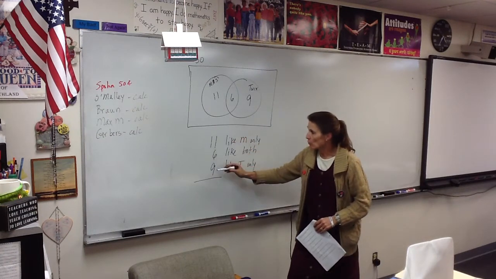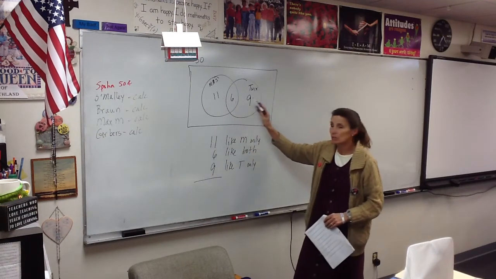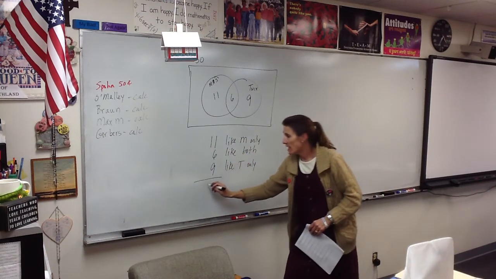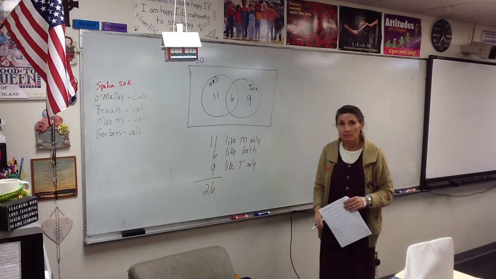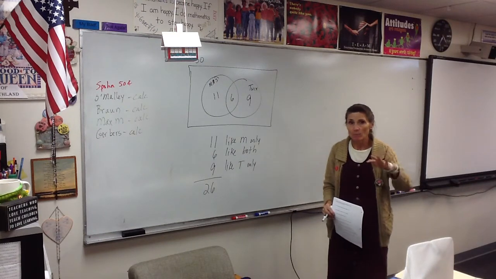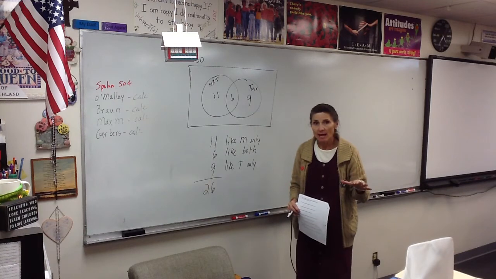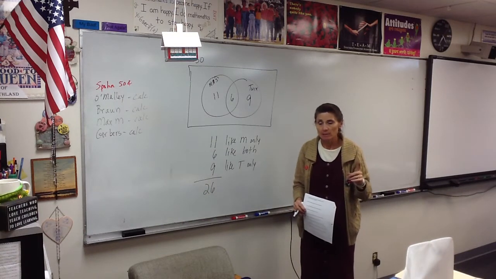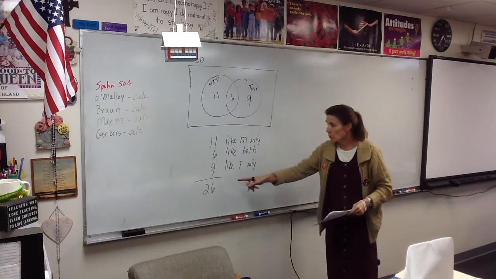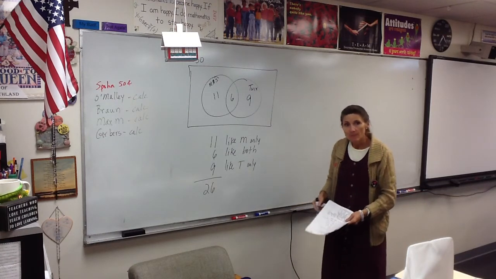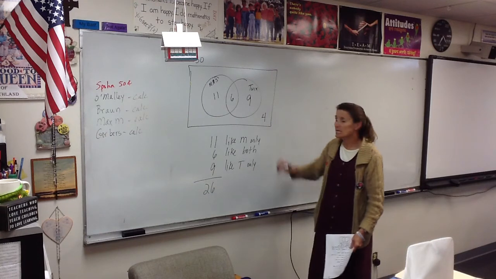How many kids are represented in these circles? Add them up. That's 26. So wait a second. How many kids are in the class? 30. Wait a minute, that's only 26. Where are the other 4? The other 4 are out here.